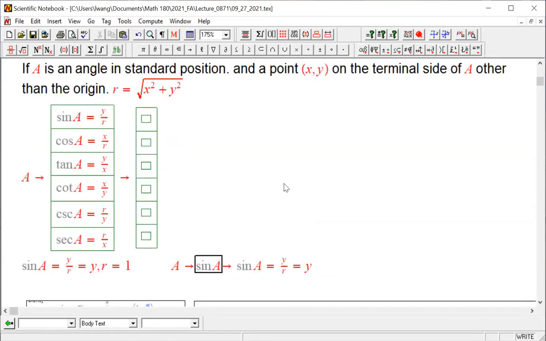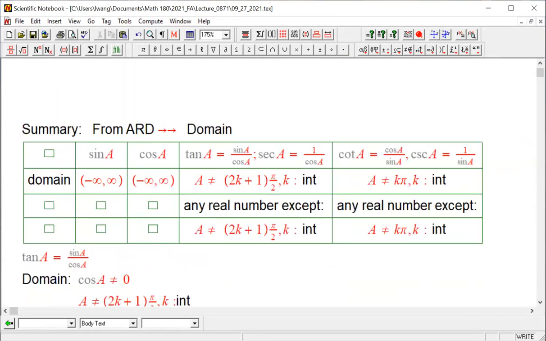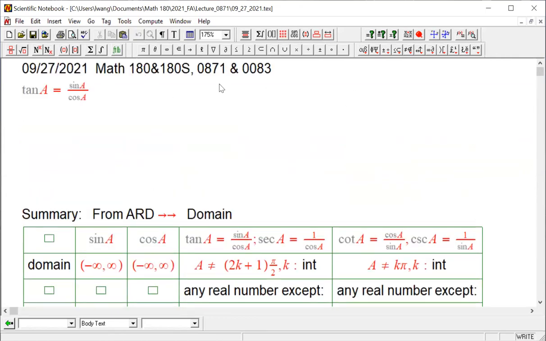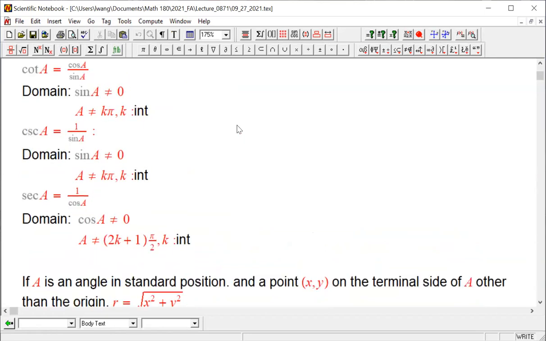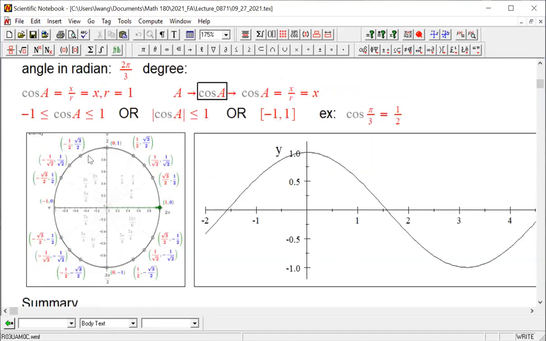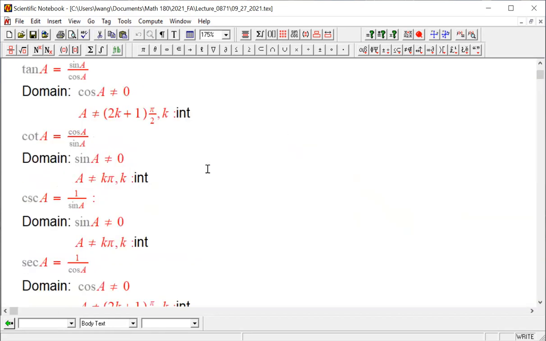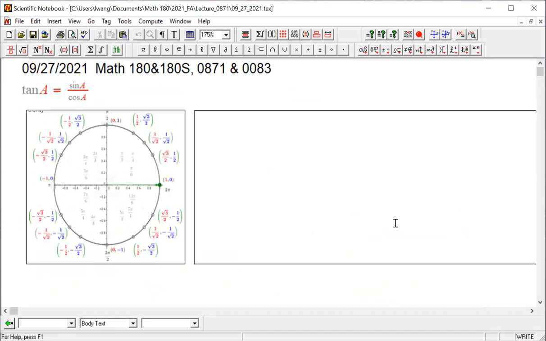All right. Now, let's look at tangent. From that unit circle, how do we find our tangent value?